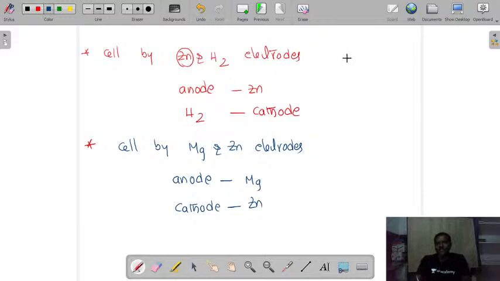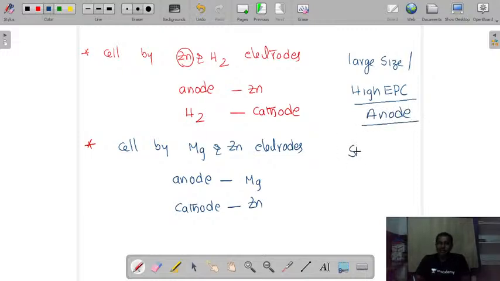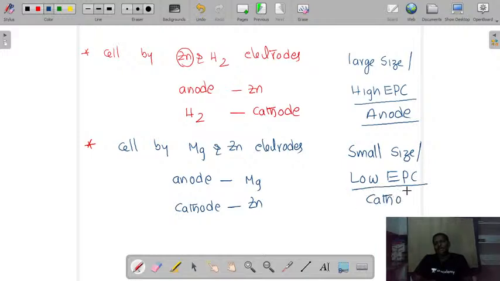Okay? So when we use them like this, which one is the anode and which one is the cathode? Elements with large size or high electropositive character act as anode. Elements with small size or low electropositive character act as a cathode.